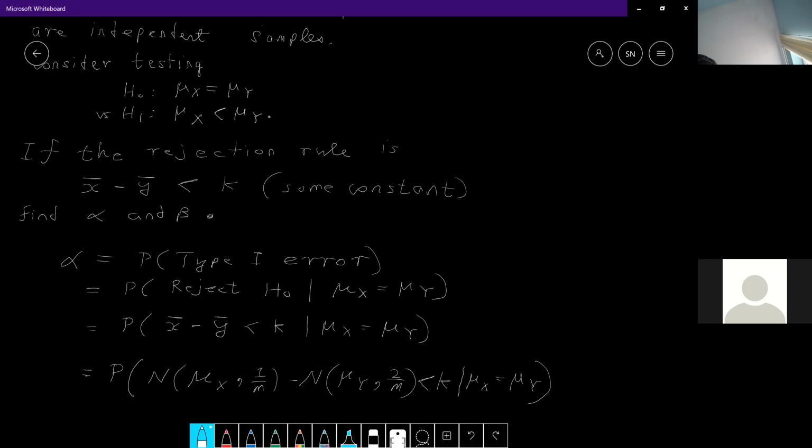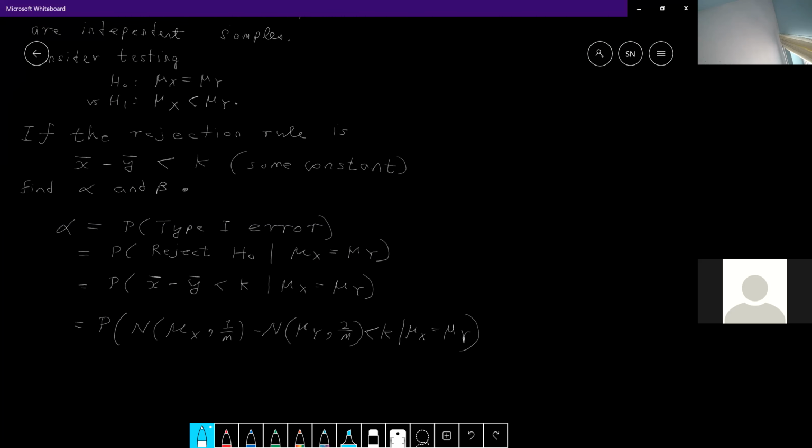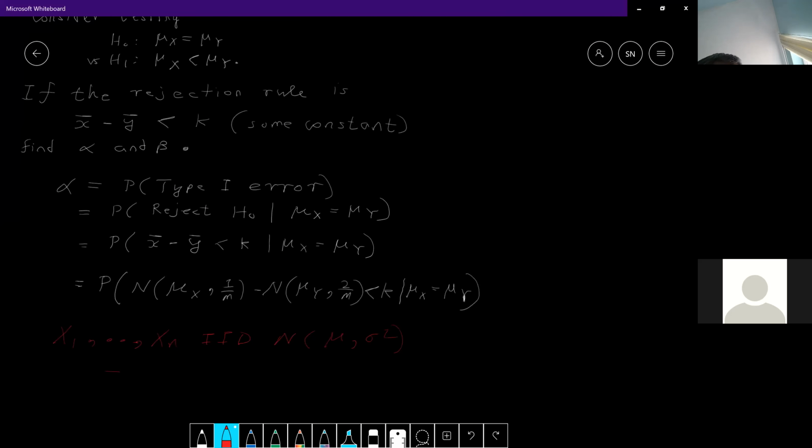Okay, this is what you will see. So I use the fact that if you have a random sample X1 to Xn IID from a normal distribution, this is a property I talked about a long time ago, then X bar, the sample mean, will have a normal distribution with parameters mu and sigma squared over n.